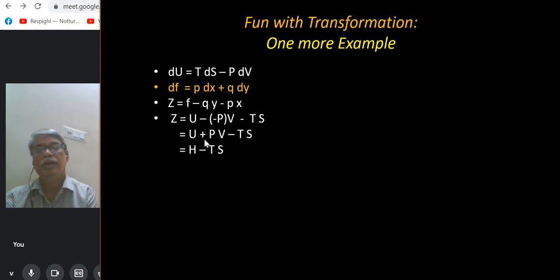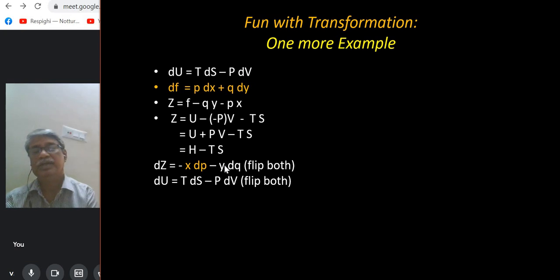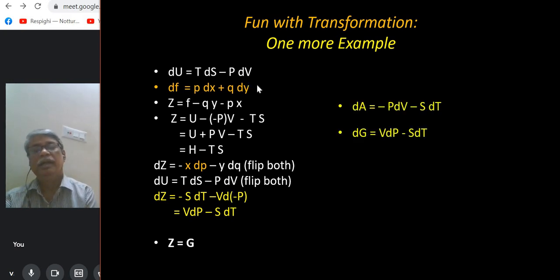But we have already seen that U plus PV is H, so this is H minus TS. And as you know, this H minus TS is nothing but G. And not only that, for the dz differential, you have to flip over both these two. So S dT with a minus sign would be there, and V d of minus P with a minus sign there, that means minus minus plus, so VdP minus SdT.